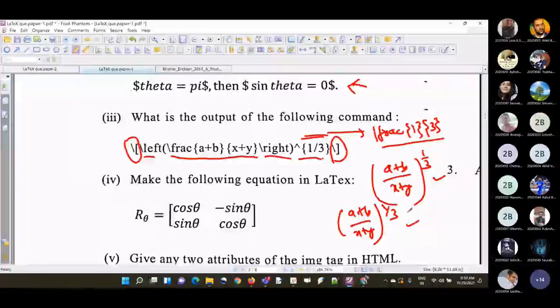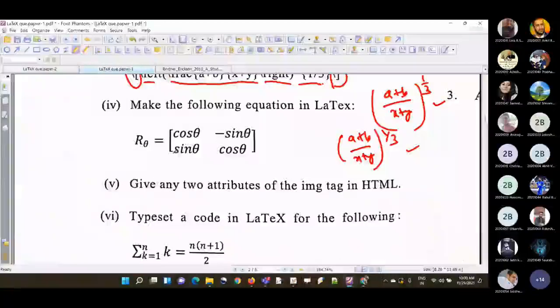Okay. So let us see the next question. This is part 4. Make the following equation in LaTeX. So I think you can write it. Yes, this is a 2 by 2 matrix. So you can write.